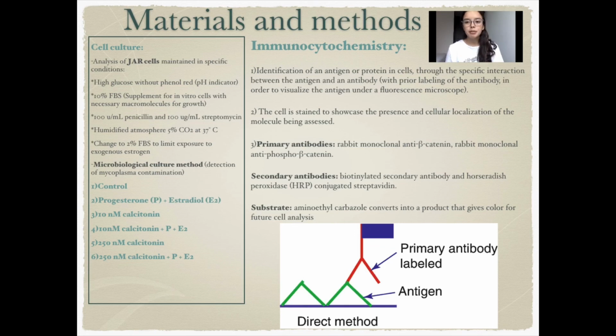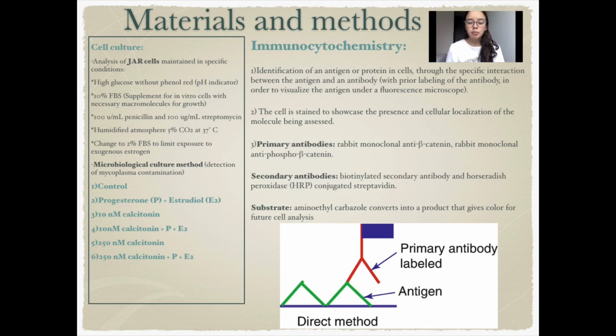After this, they kept them in optimal conditions for the experiment, which was a medium with high glucose and 10% fetal bovine serum, which is a necessary supplement for cell growth. They also treated them with antibiotics like penicillin and streptomycin, and then kept them in a humidified atmosphere with 5% carbon dioxide at 37 degrees Celsius.